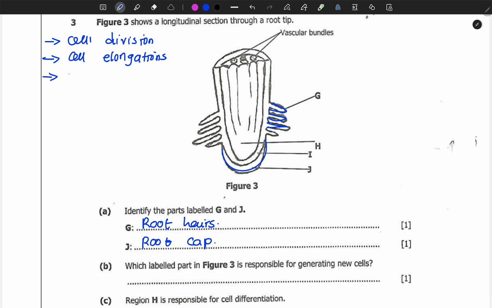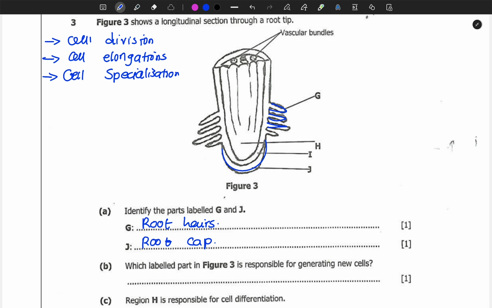Then the third one is cell specialization. At this stage the cells become specialized, where some will form the xylem, some will form the cambium, and we are going to have phloem. So the first one is cell division, which is the increase in number.